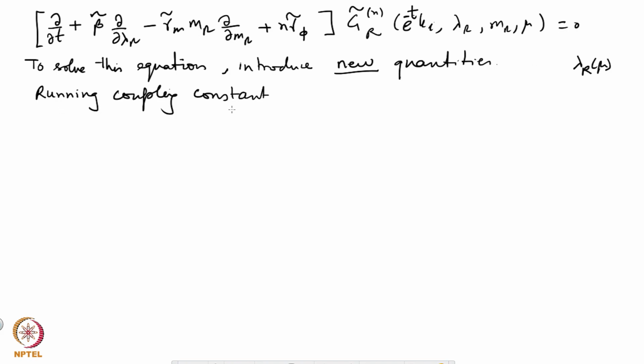But the running coupling constant which I am introducing is something different. It is not lambda r mu. That's a new object that I am going to define, and you should ask what is the definition of it.